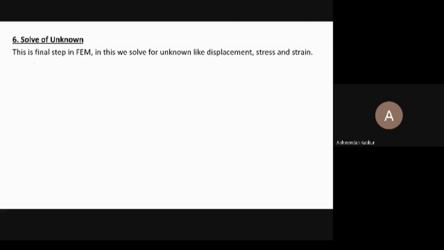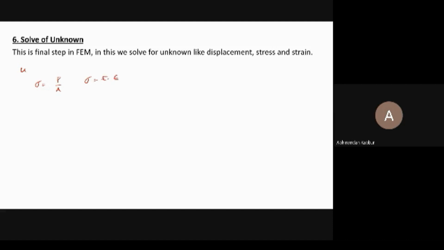See, as I told, in FEM I am going to consider displacement as U. So once I get this displacement, I can calculate the stress. How can I calculate the stress? Because my stress will be equal to force by area. So I will be knowing what is the force and what is the area of that body, so that I can calculate the stress. Once I know the stress, from Hooke's law I can calculate strain.